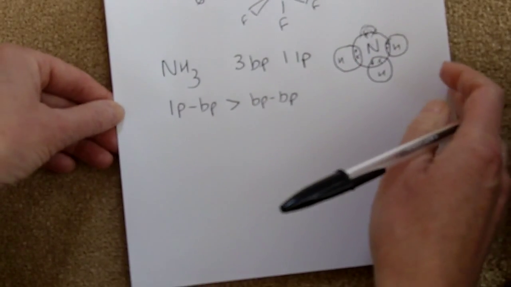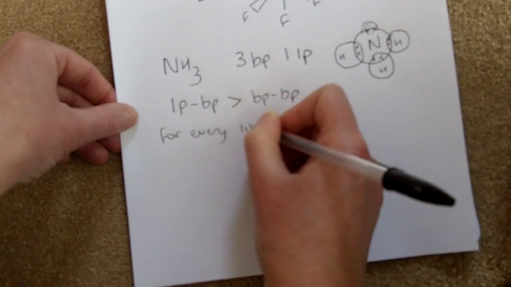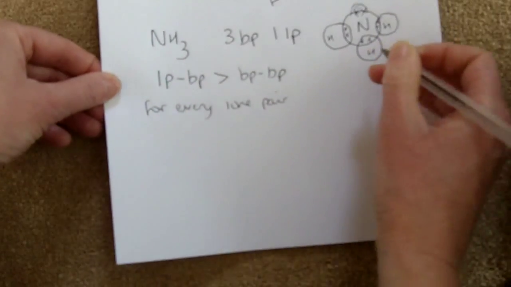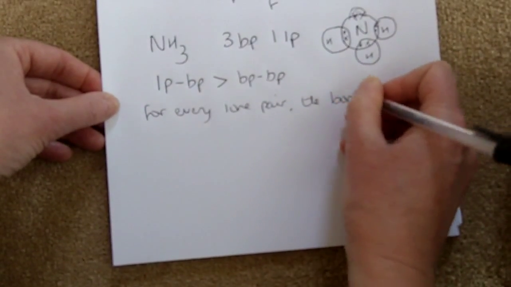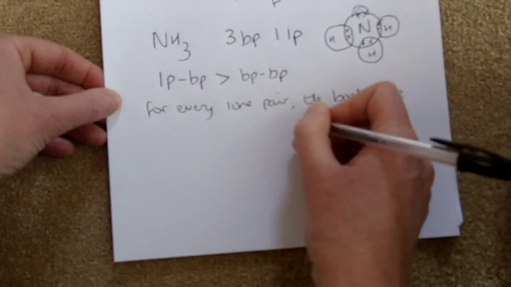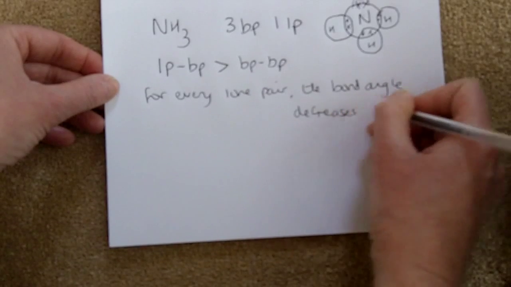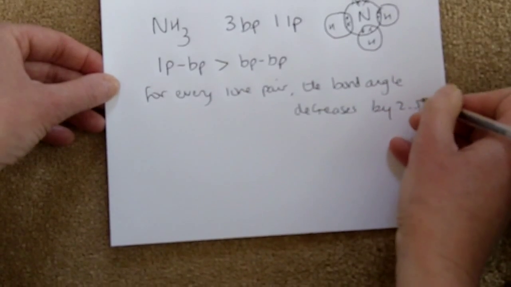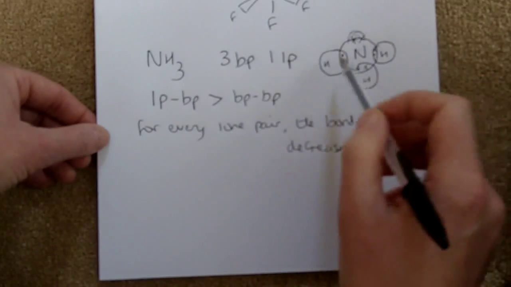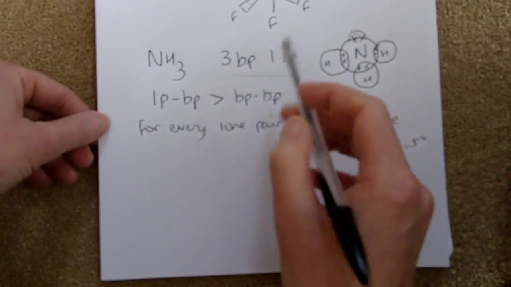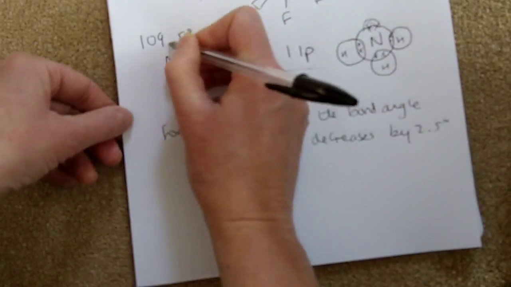For every lone pair, the bond angle, the angle between the bonds, decreases by approximately 2.5 degrees. So when we look at ammonia, there are 4 electron pairs, so it should be 109.5 degrees, okay?